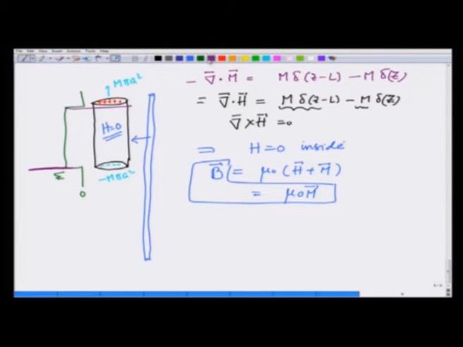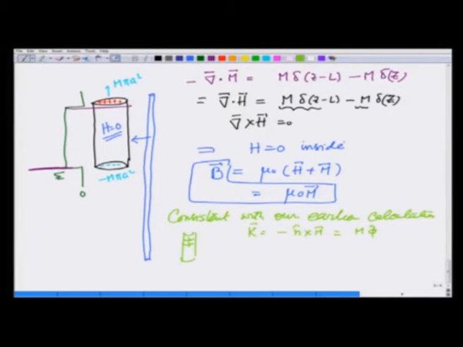Note that this is consistent with our earlier calculation, where we had treated this bar magnet as carrying surface current K, which was M times n cross, which was M in the phi direction.